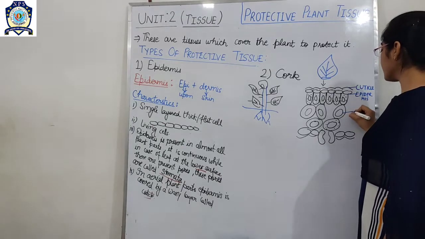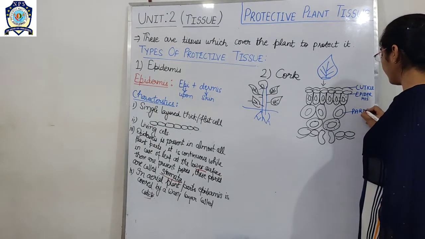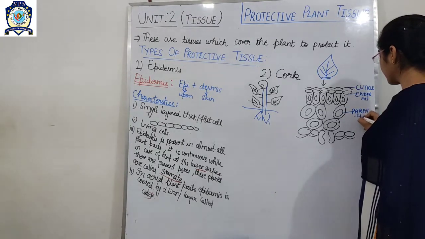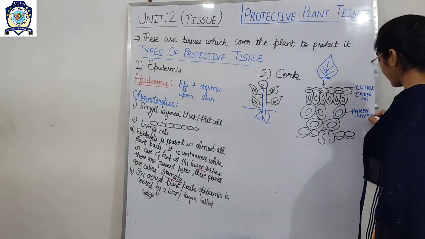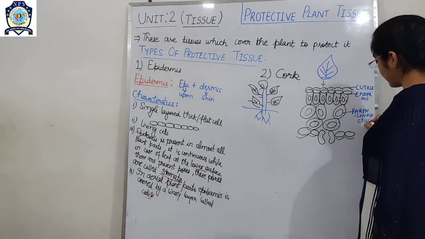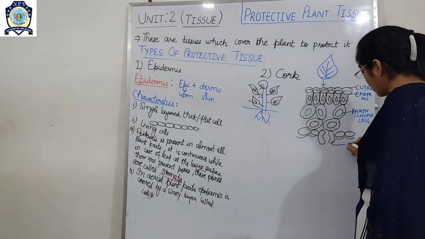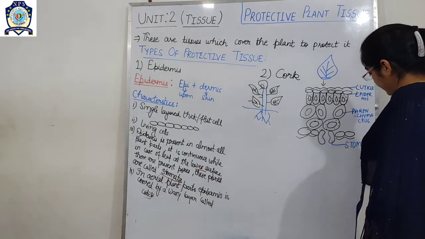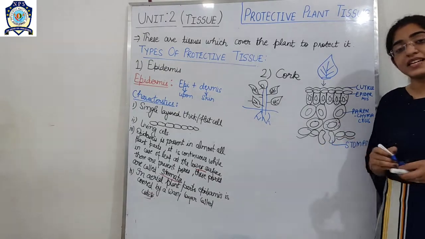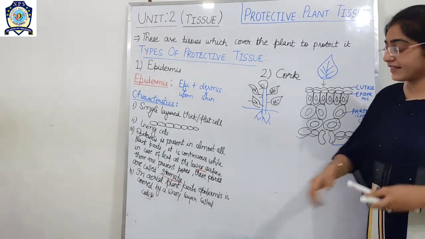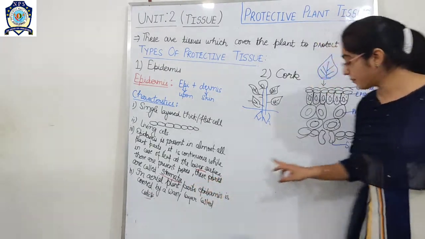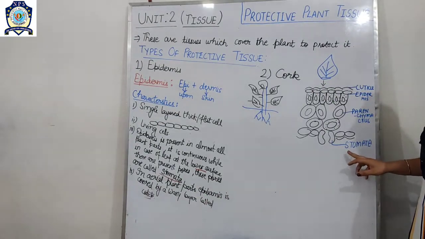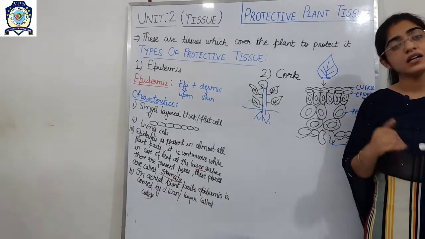This one is the parenchyma cells, and these pores are called the stomata. So that's why I am writing here, stomata are present on the lower surface of the leaf.